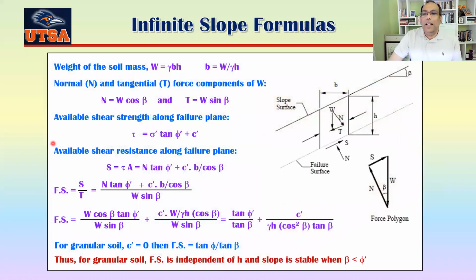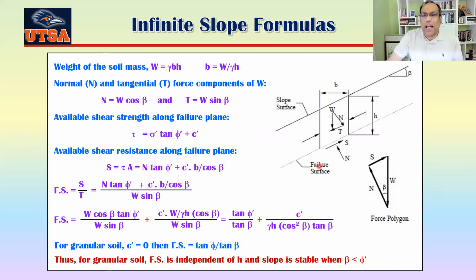Now let's say this is our infinite slope, and the line here is my assumed failure surface. Now we usually have to assume several failure surfaces.